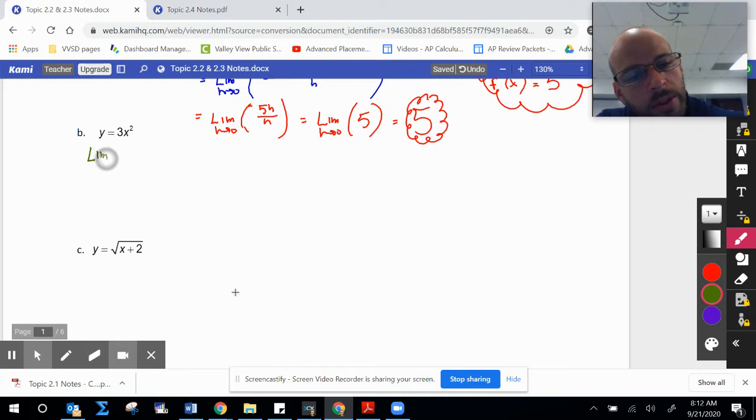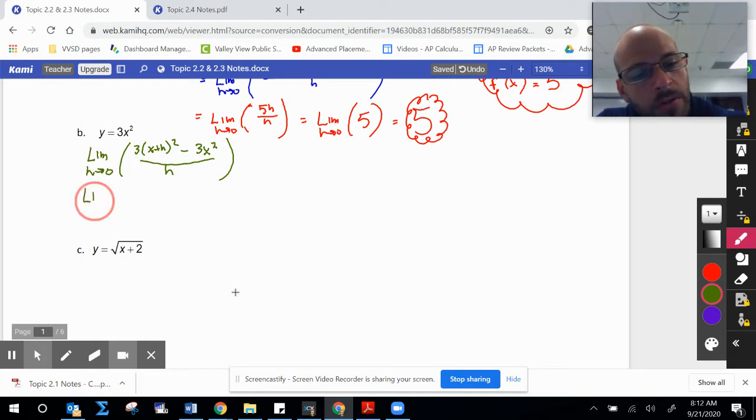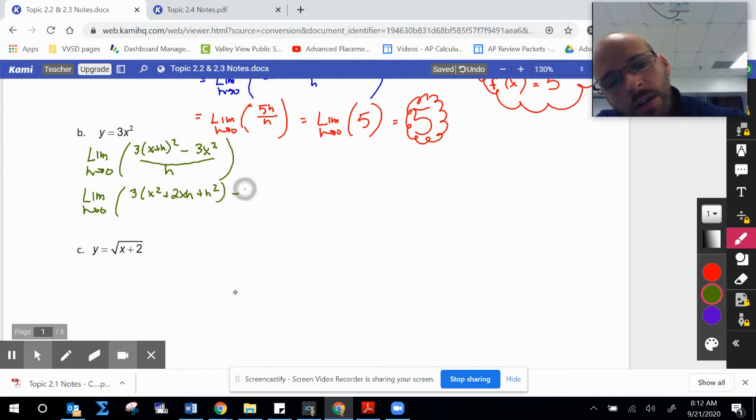Again, if I start with that limit definition, I have 3 times x plus h squared minus, now there's only one term, so I'm just going to subtract the original function all over h. So now I need to square that binomial. So I have 3 times x squared plus 2xh plus h squared minus 3x squared all over h.